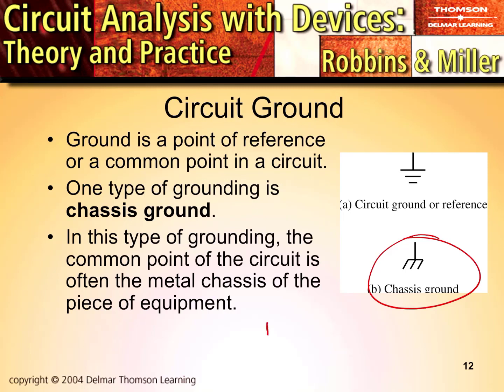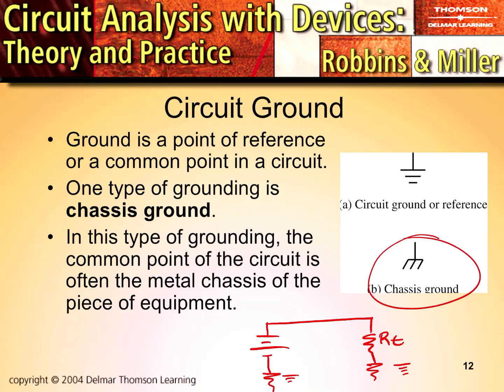So we could have something like this: a source connected to a load, R total. I'm sorry, I should do a better job of my diagramming. I should have shown this ground like that.